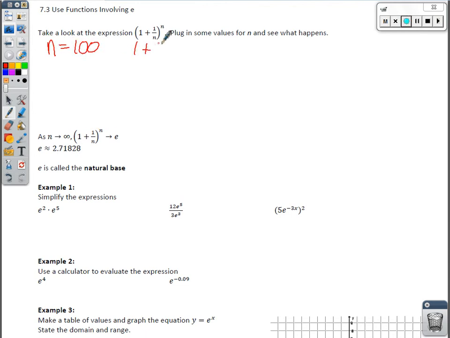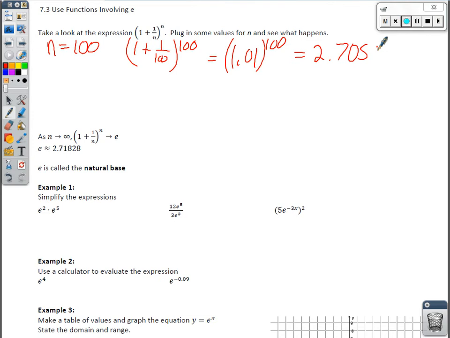Okay, so that's 1 plus 1 over n, 1 over 100, raised to the 100, which is 1.01 raised to the 100. If you calculate that, you get approximately 2.7705. Let's go even higher.